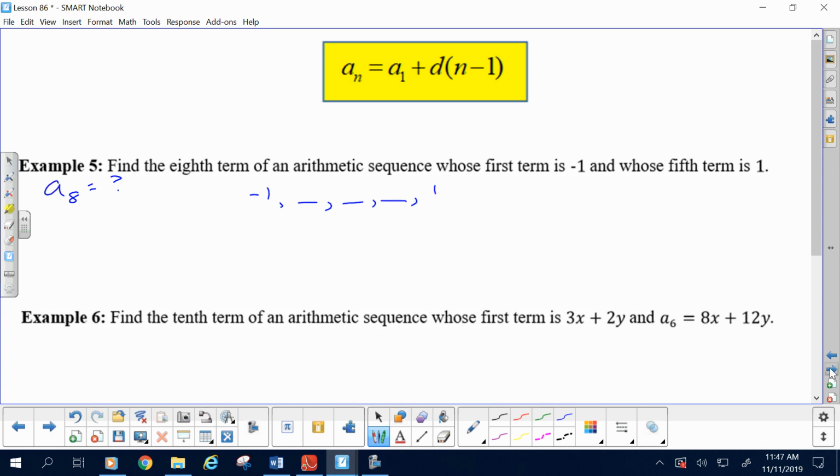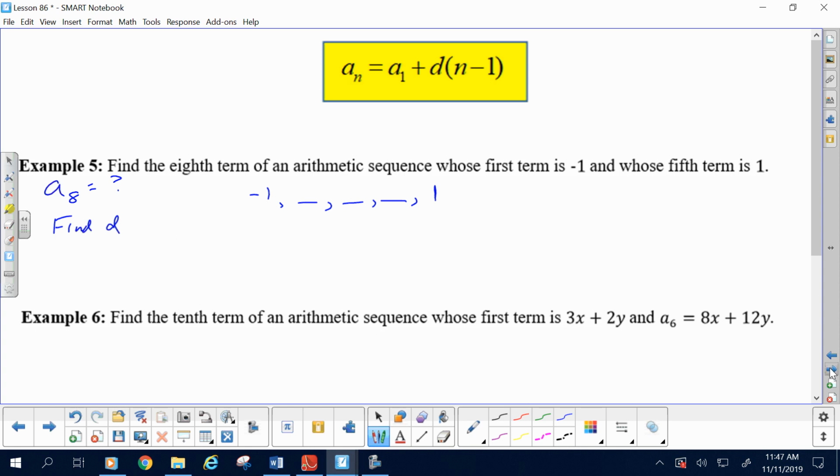I don't know anything till much later at the fifth term. You follow? So, again, find the common difference, how it jumps. Once you have the common difference and the starting point, you can do anything you want.